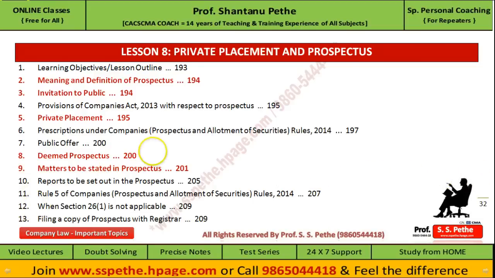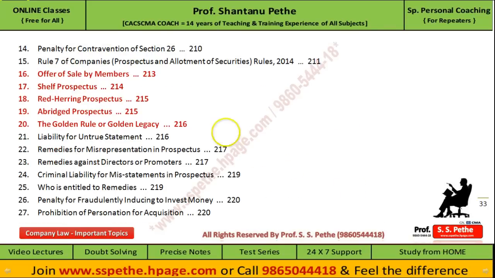First important thing is the meaning and definition of prospectus, and then what you mean by the term invitation to public. Then the private placement, definition of private placement, the provisions of private placement, then deemed prospectus, and the matters to be stated in the prospectus. Apart from this, offer of sale by members, this is also important.